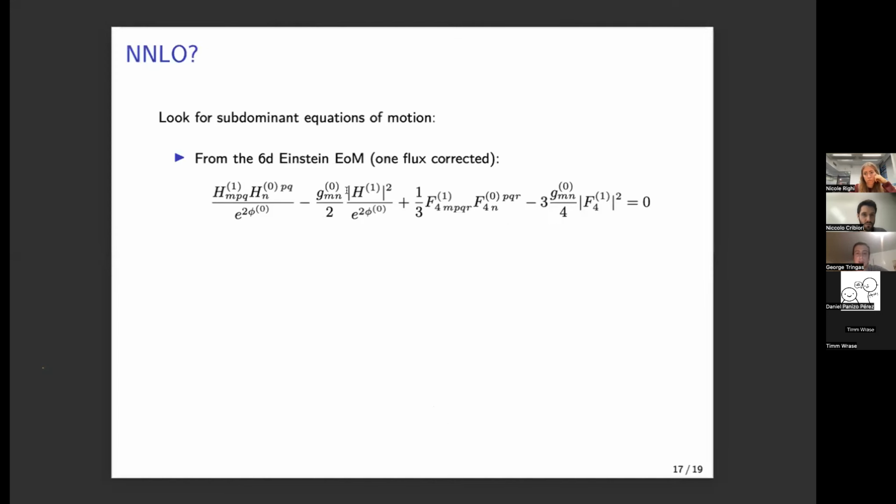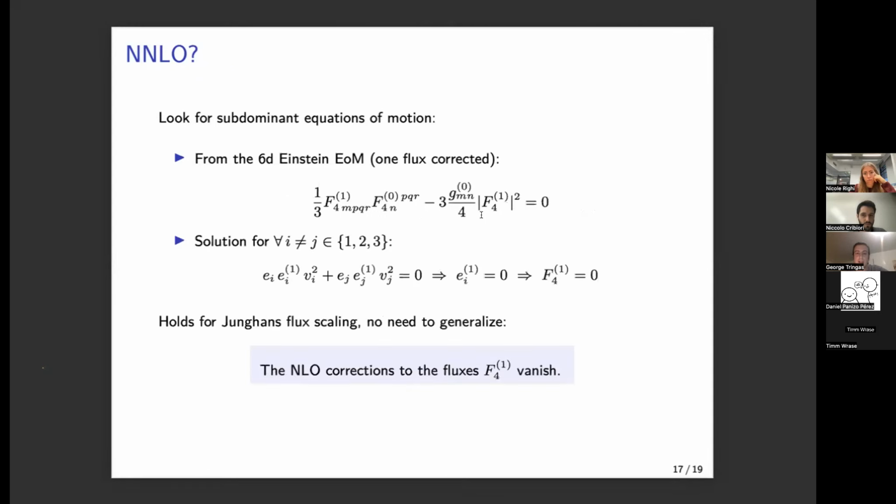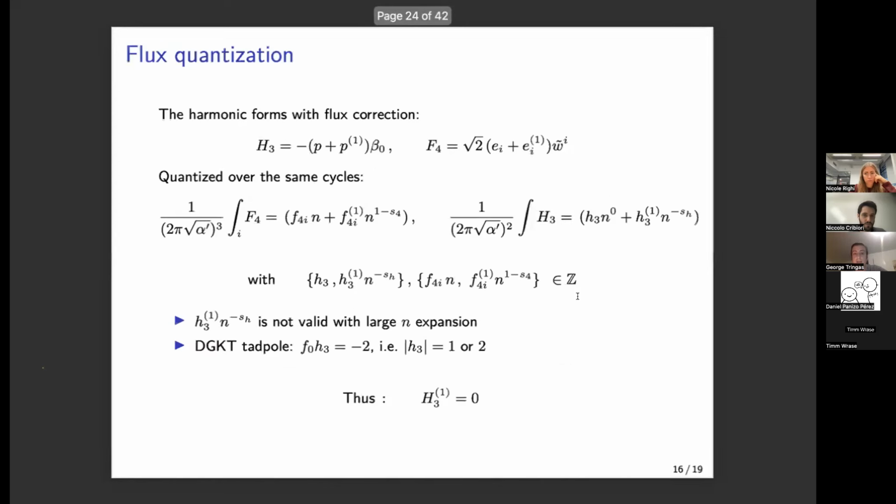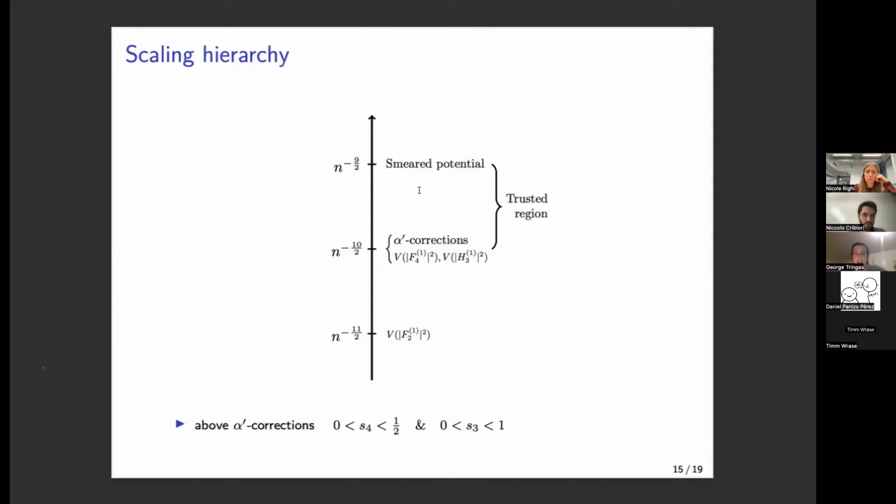So this term vanishes, and there are those two terms that have to vanish. What we find actually is that if you try to solve this equation, the correction to the F4 flux vanishes as well. We expected to find some corrections here due to fluxes, and we find out that they're 0. So there is nothing in between the smeared potential and the alpha prime corrections, because the corrections that come from derivatives on the dilaton and the warp factor are very subdominant.